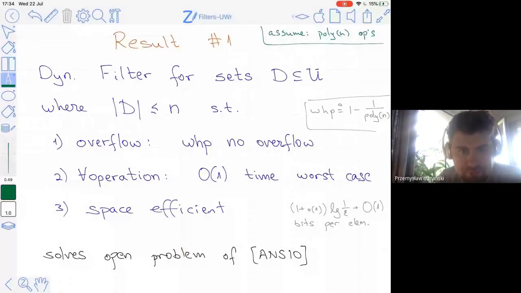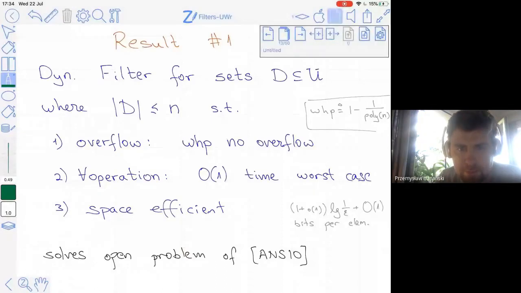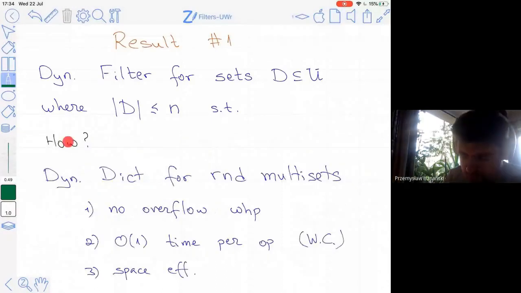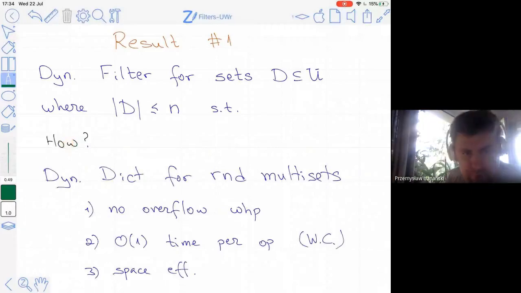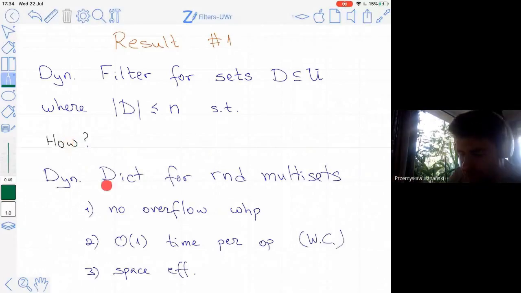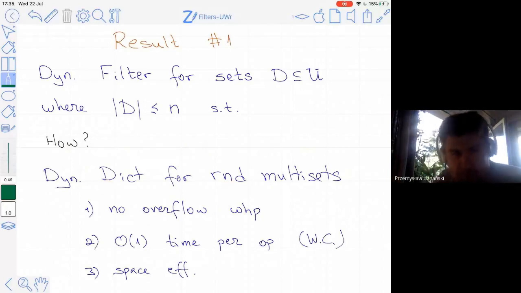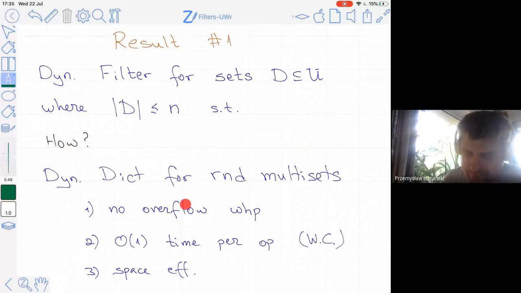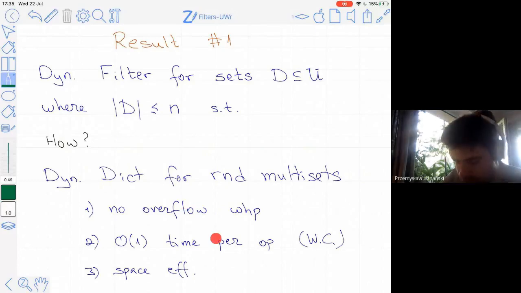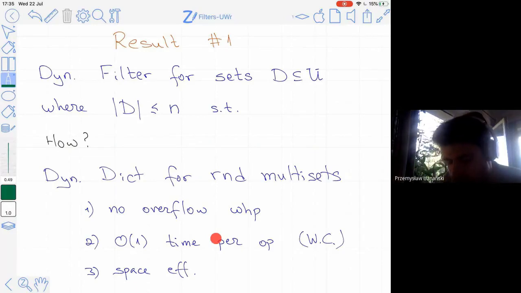Now, the way, of course, we obtain this result is by designing a dynamic dictionary for random multisets with the same type of properties, right? No overflow with high probability, constant time worst case per operation, and space efficient. Okay, so I'm left with describing how to design a dictionary that supports random multisets.